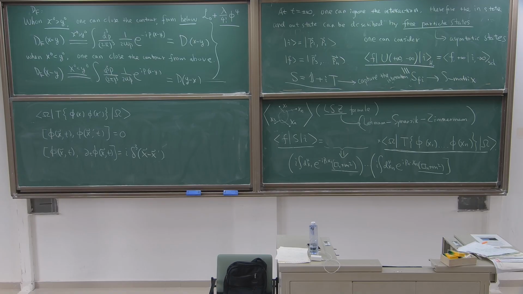What do you think about this condition in the interacting theory? Is it true or is it violated? It seems a bit harder to answer this question. There's no immediate argument to justify whether it's still true. But in fact, it's still true. So what is the argument?